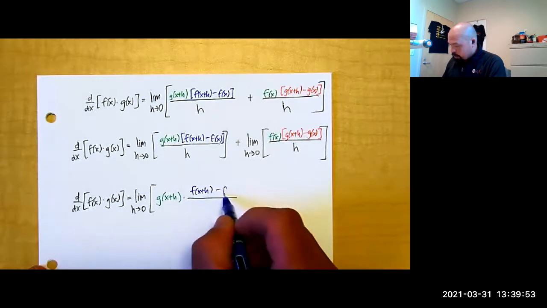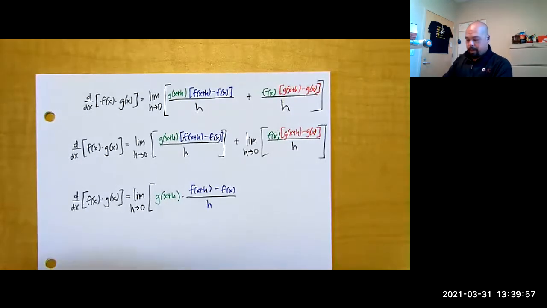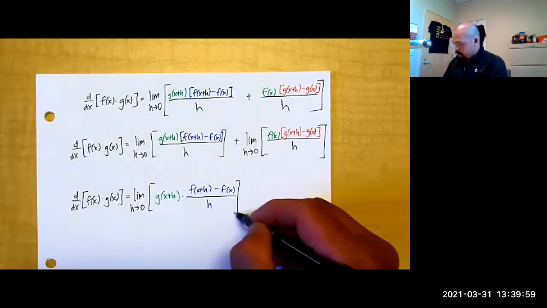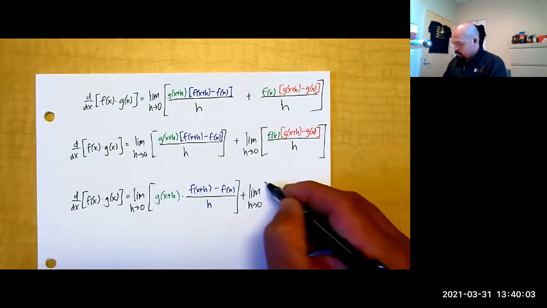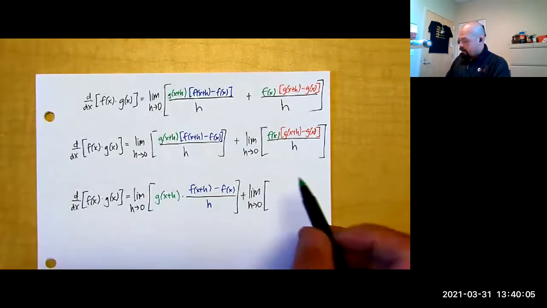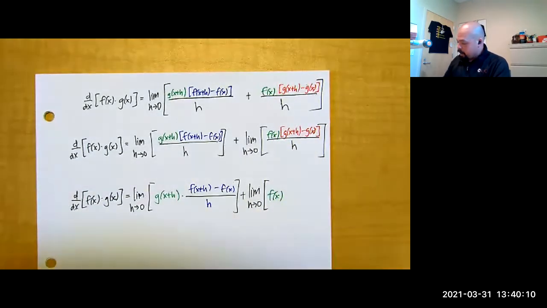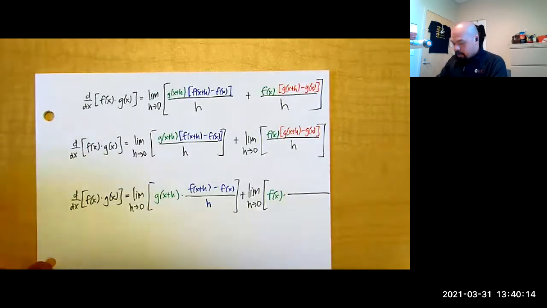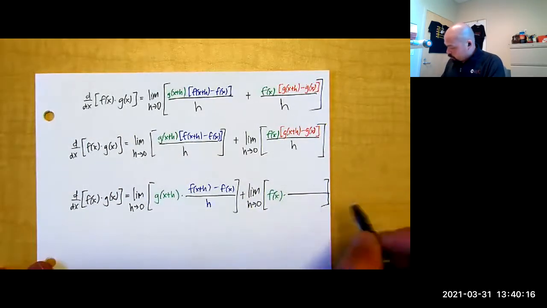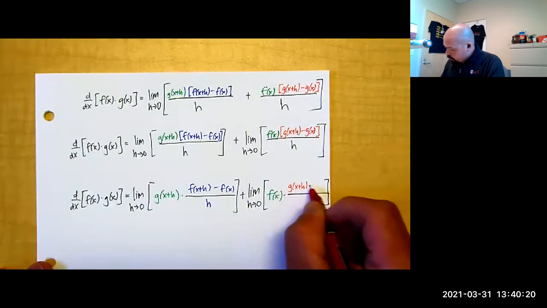You can keep that numerator in brackets if you wish, or now that it's on its own, we can drop it out. Similar with this f of x, break that off and multiply by that difference quotient. Okay.